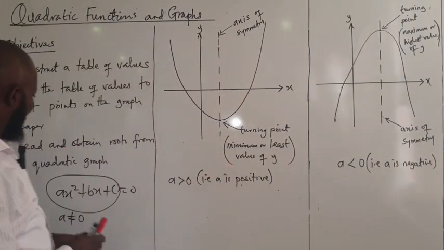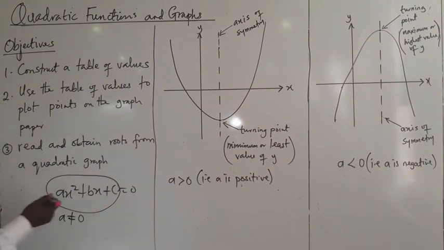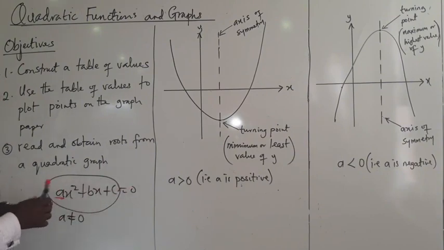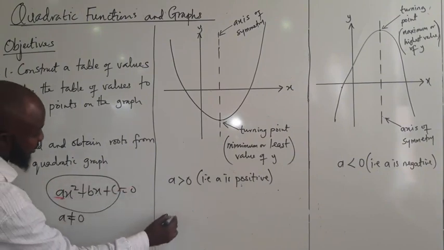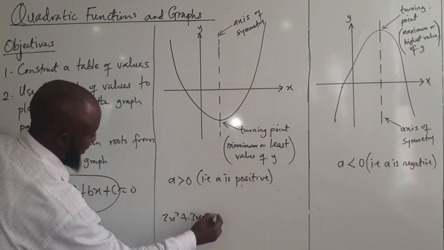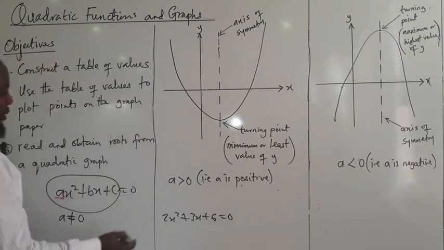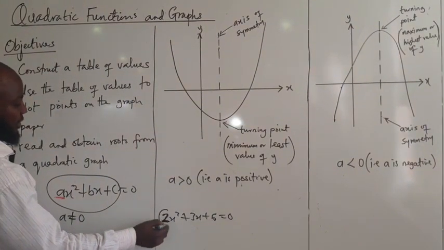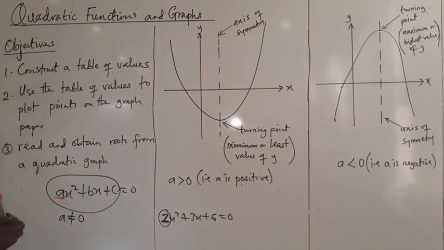Now, if this a we have here is greater than 0, that is, it is positive, like when you have 2x squared plus 3x plus 6 equals 0. You see that the value of a here is greater than 0.